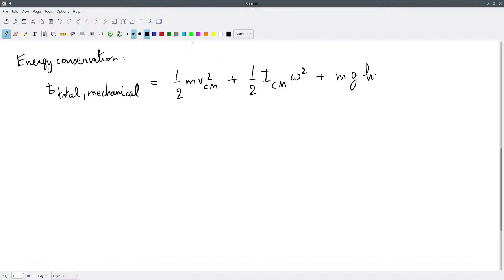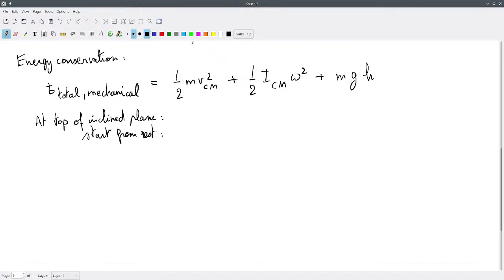And now we can use this to solve certain kinds of problems, right? Let's imagine that at the top of an inclined plane, we start from rest.